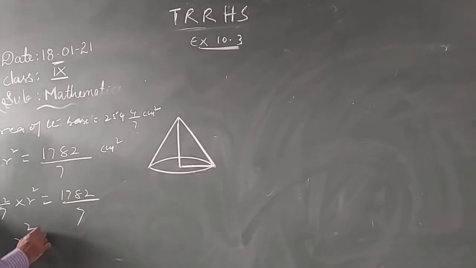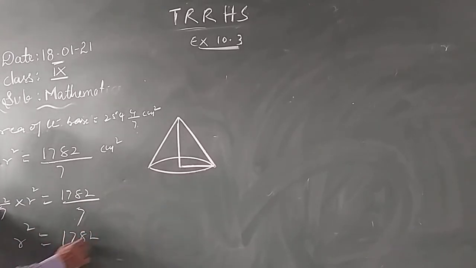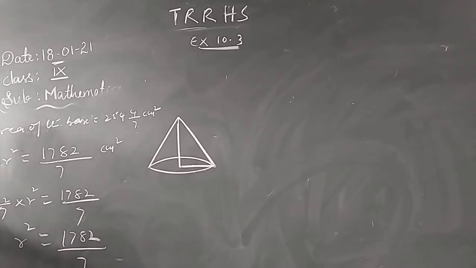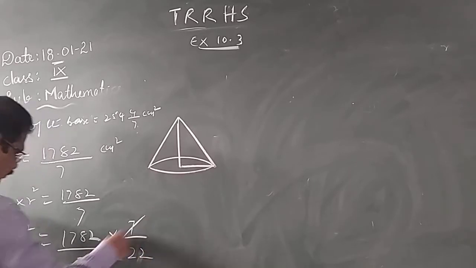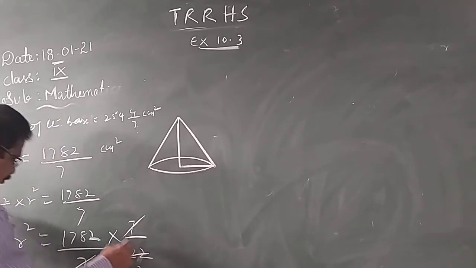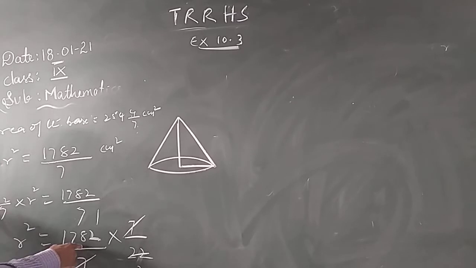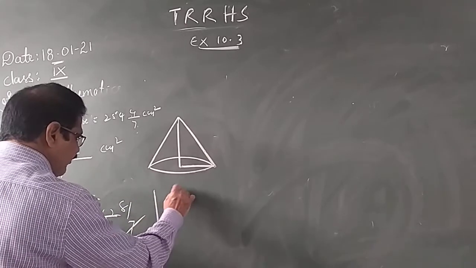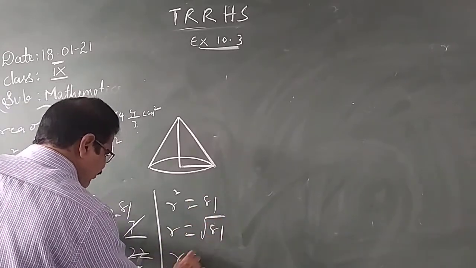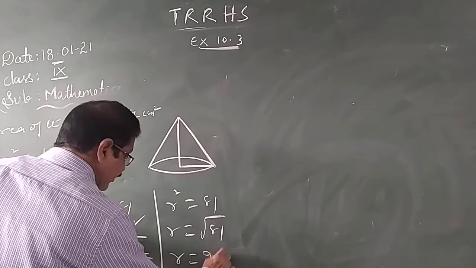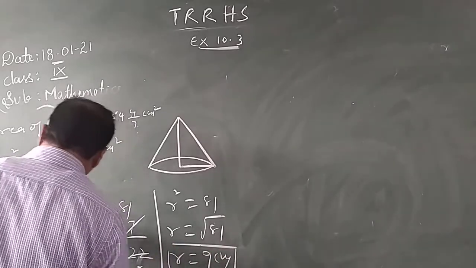R square is equal to 1782 by 7 into 7 by 22. 7 and 7 cancel. 11 2s are 22. 11 8s are 88, 11 6s are 66, 11 2s are 22. So r square is equal to 81. R is equal to square root of 81, which is 9 centimeters. The radius of the cone is 9 centimeters.